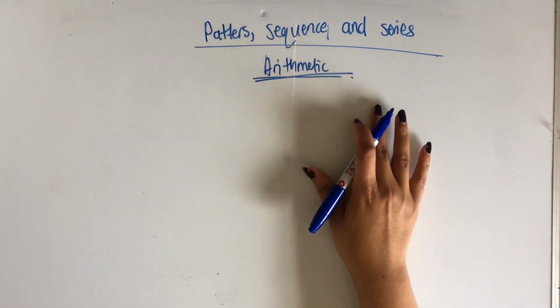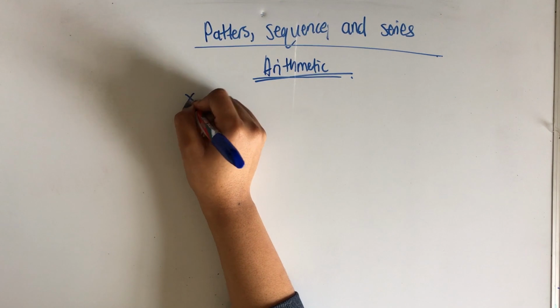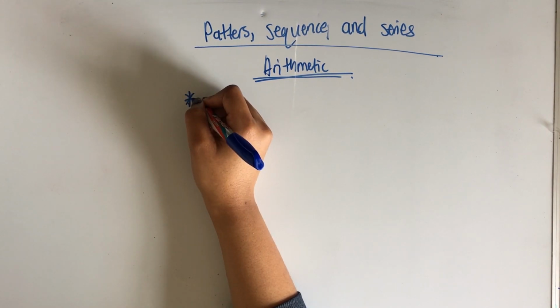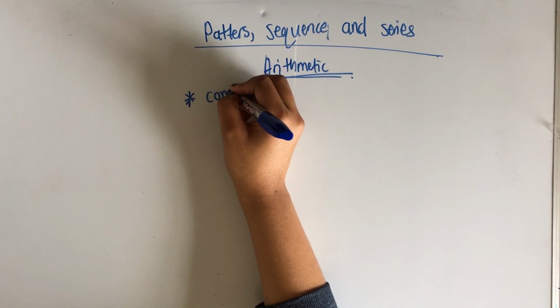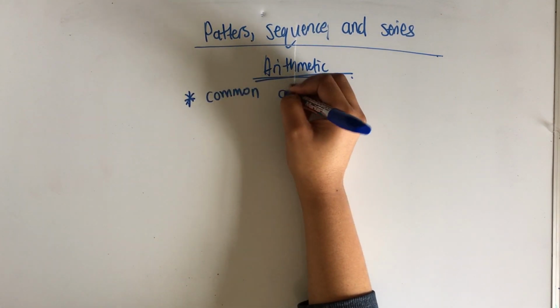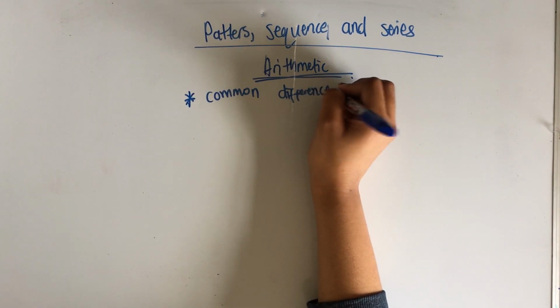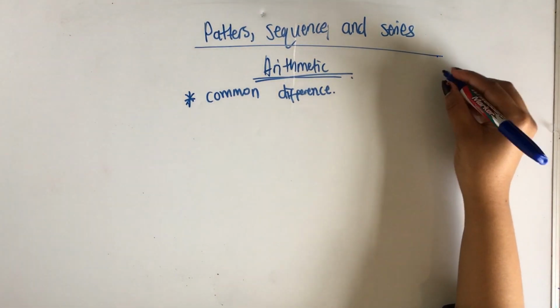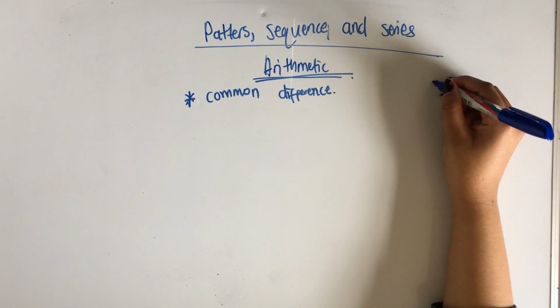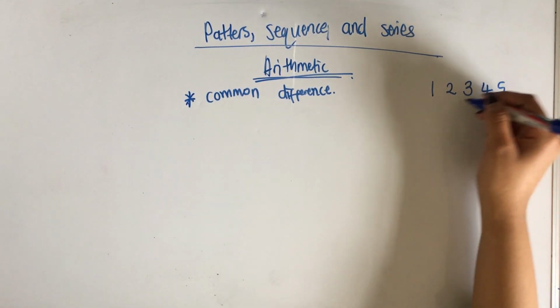sequences. The important thing that you have to know about an arithmetic sequence is the fact that it has a common difference. For example, let's just say you have 1, 2, 3, 4, 5.